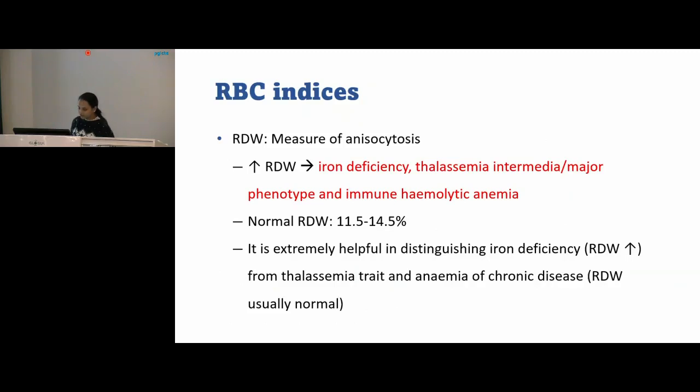You can use this RDW in distinguishing iron deficiency anemia from other causes like thalassemia trait and anemia of chronic disease, because RDW is elevated in iron deficiency anemia, however it is preserved in thalassemia traits. Your iron deficiency as well as thalassemia trait usually present as a microcytic anemia. So one of the soft pointers towards the etiology would be the RDW.